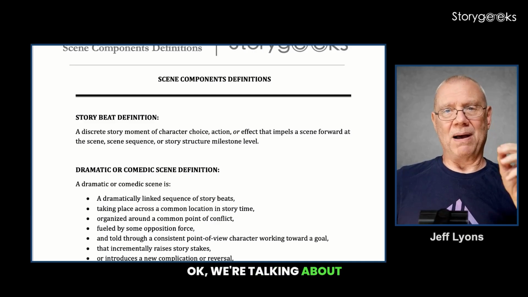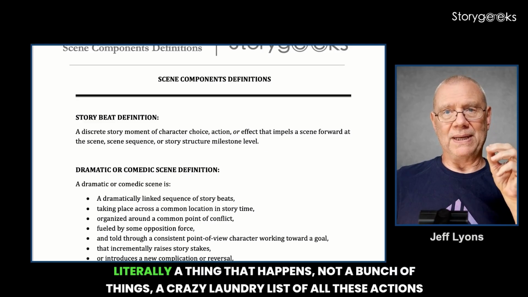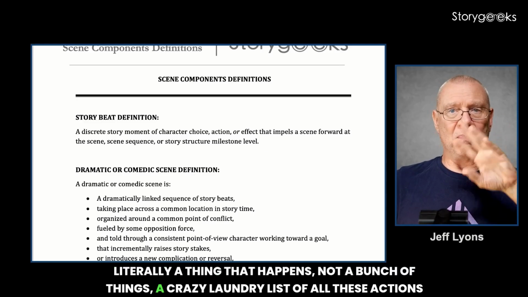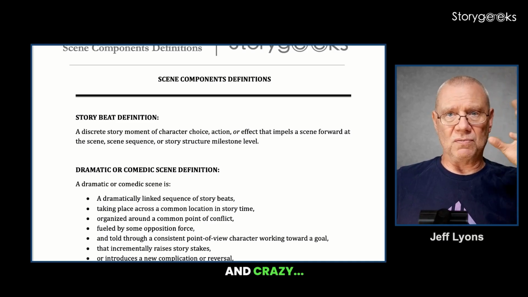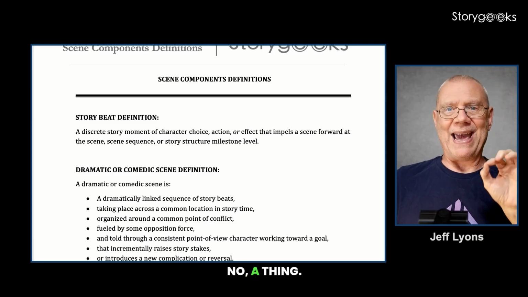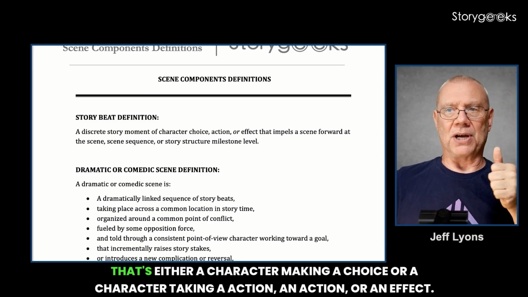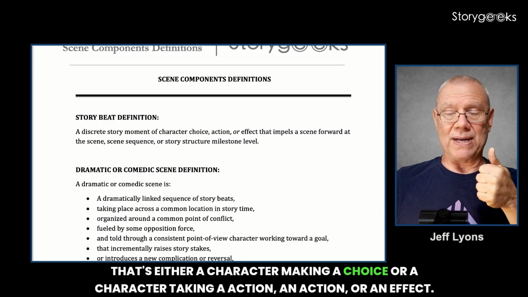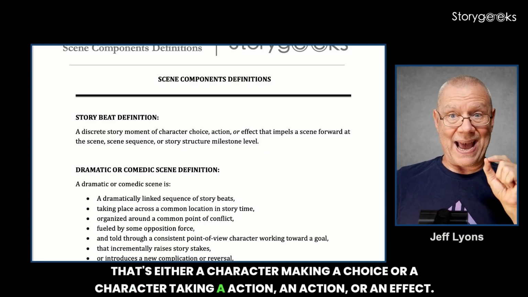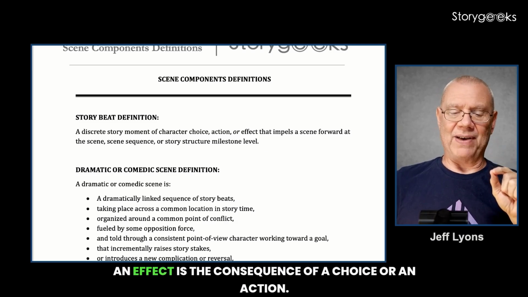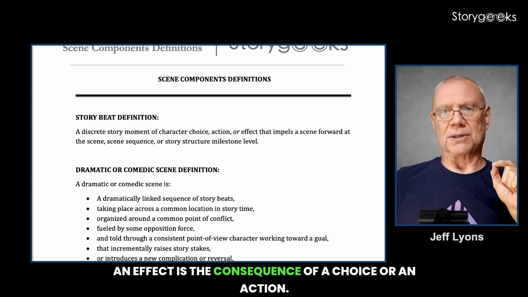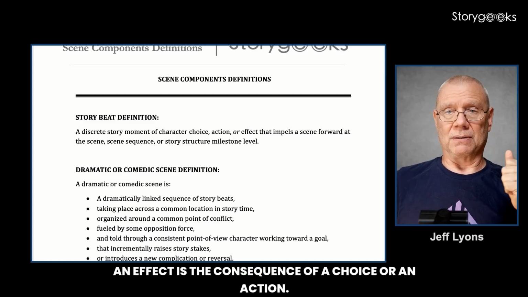We're talking about literally a thing that happens, not a bunch of things, not a crazy laundry list of actions. No, a thing. That's either a character making a choice or a character taking an action, or an effect. An effect is the consequence of a choice or an action.